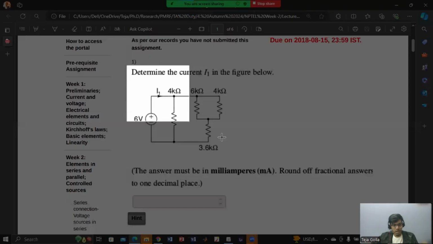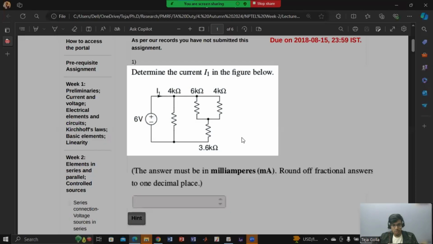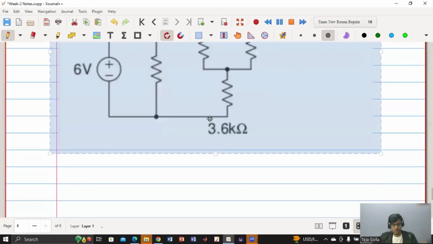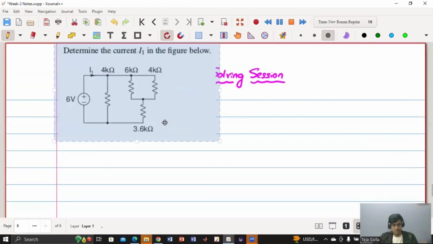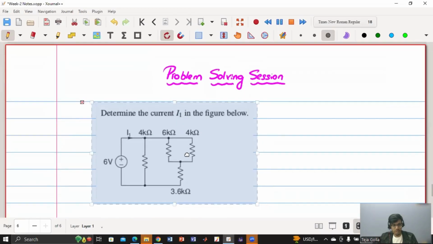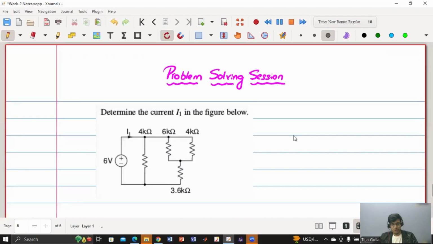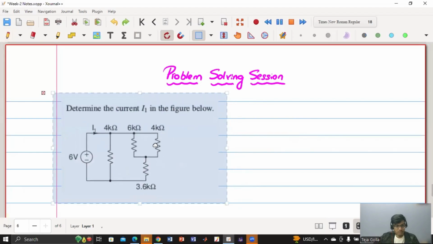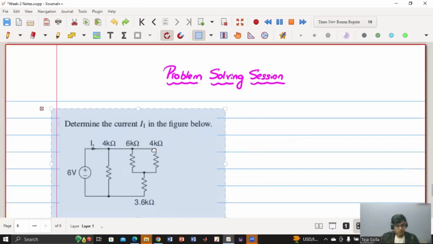Can anyone tell me how to proceed with this question? Any thoughts, any ideas? Don't give me the answer, just tell me the process.